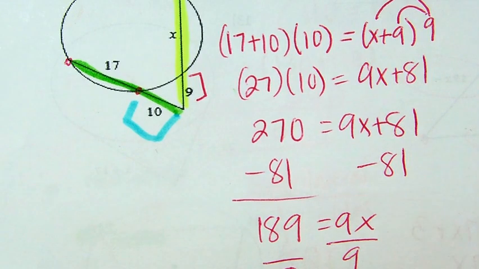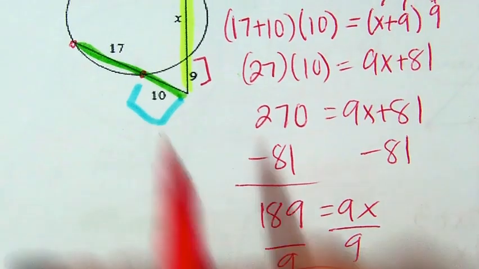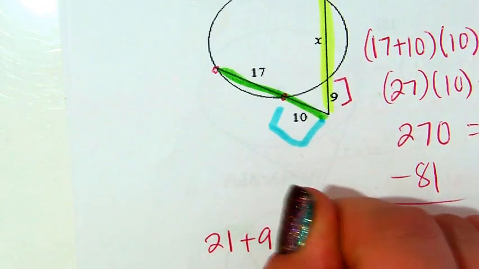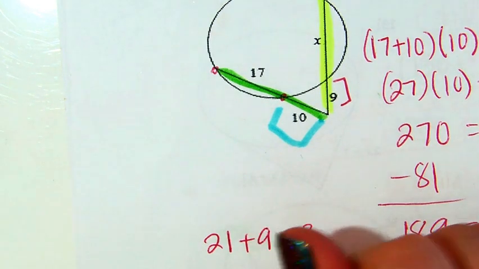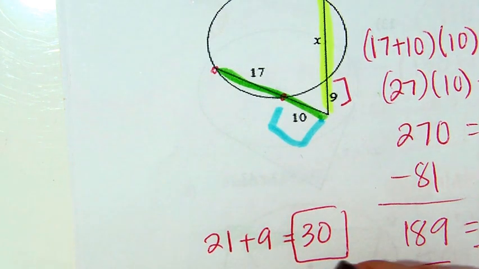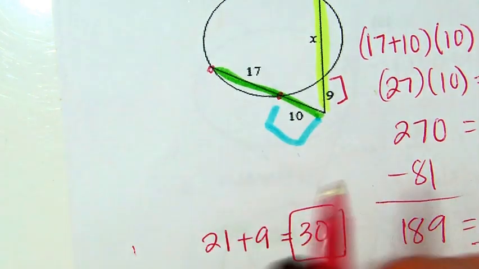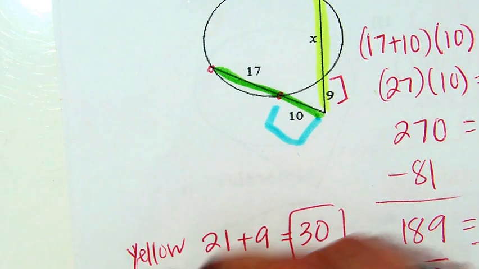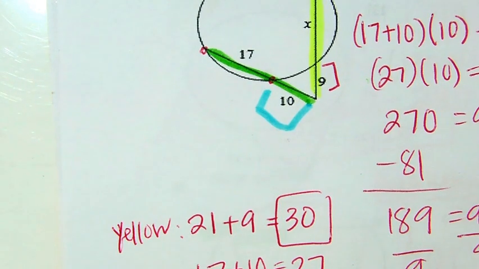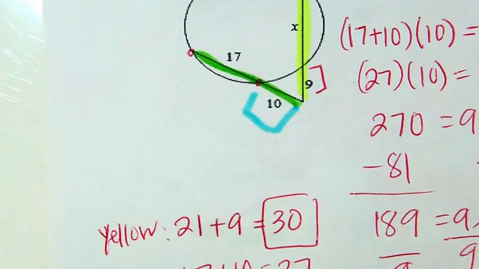X equals 21. So I have 21 plus 9 is 30 for my yellow segment, and my green segment is 27. 17 plus 10 equals 27. Yellow, green, since I don't have letters to describe them by. And I'll have you guys do 16 for practice.